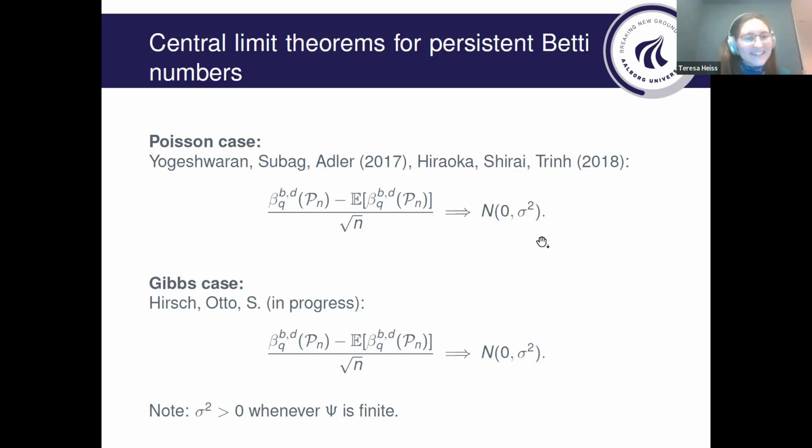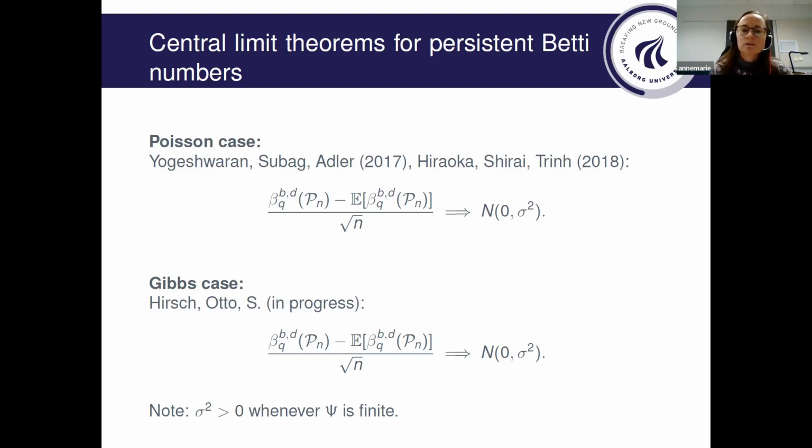There's already the next question in the chat. It's a guideline to choose a good set of pairs B, D. No, and actually I think this is the problem if you want to use the Betti numbers itself for summary statistics. We had the same problem in the data example where I said we evaluate the function at one point, but we have to choose a good point before that makes sense.